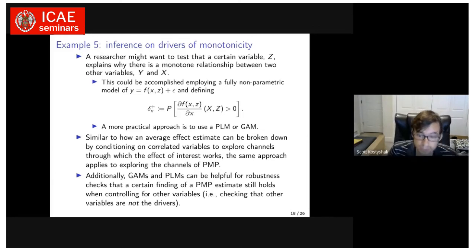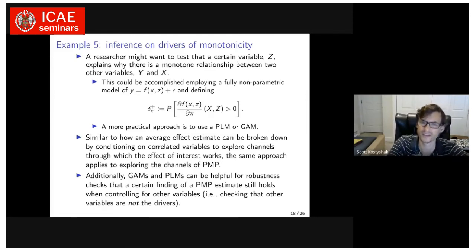Often you'll see researchers show a regression table where they show the effect, basically just regressing on x, and then they break down that effect by controlling for covariates. That's how you can see the channels of how the effect works. And the PMP allows us to do the same thing in the context of monotonicity.